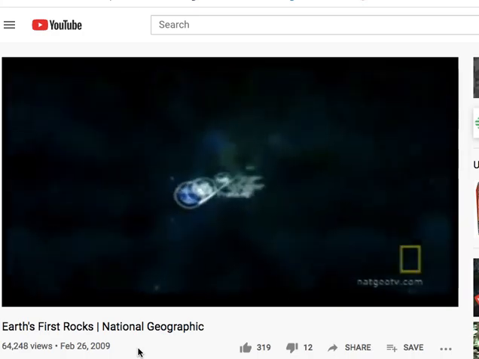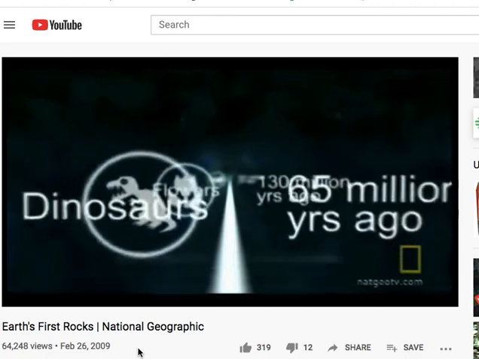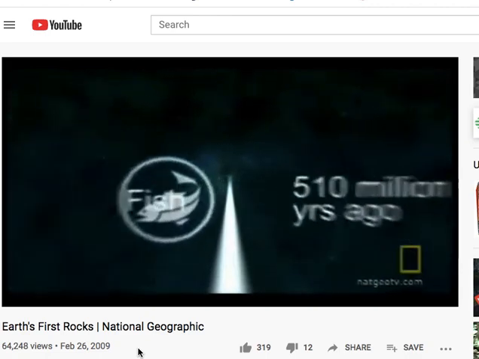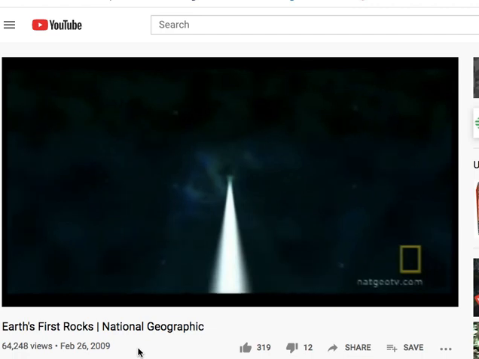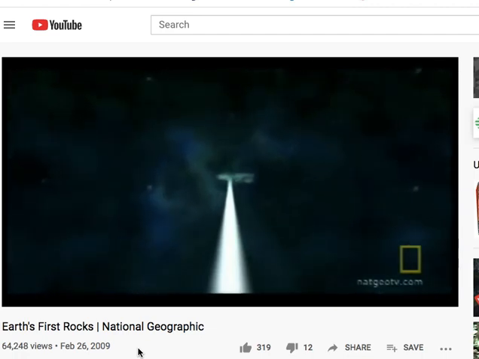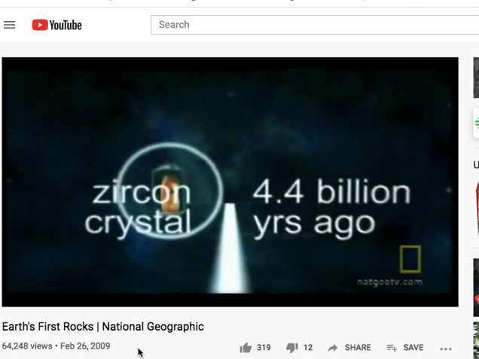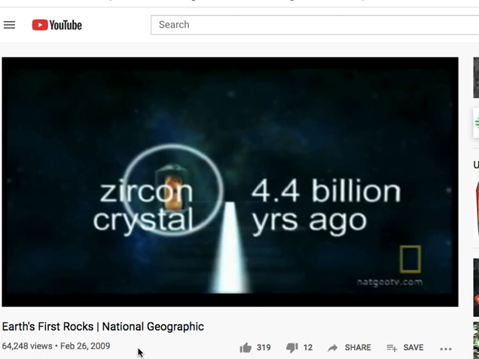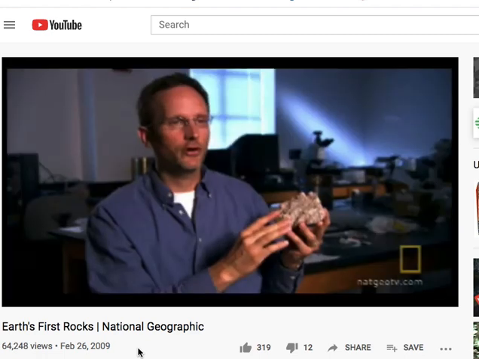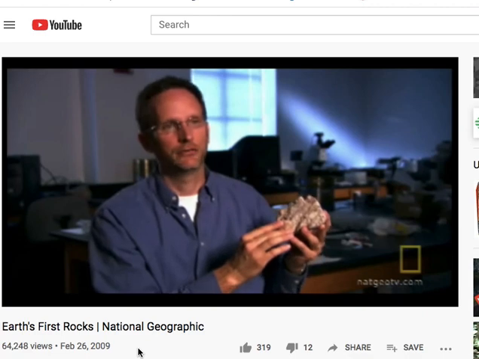If this line represents the age of the Earth, then the dinosaurs died out here. Rewind about 4 billion years to the end of the Dark Period. The zircon crystal was formed here. We're talking about time spans that are beyond comprehension.